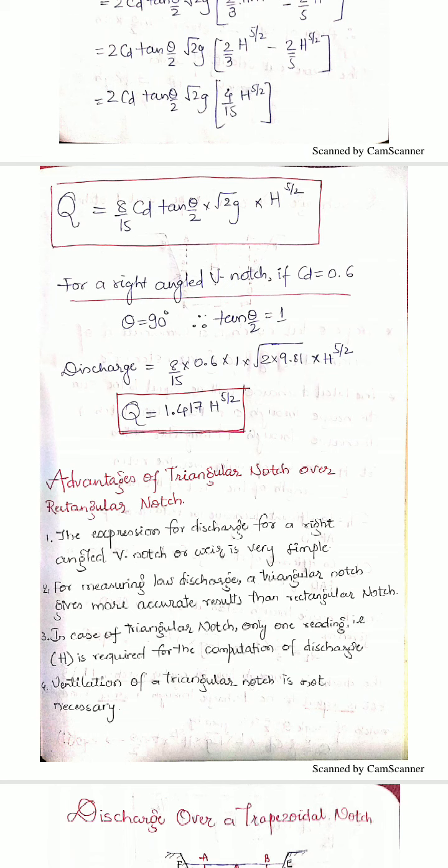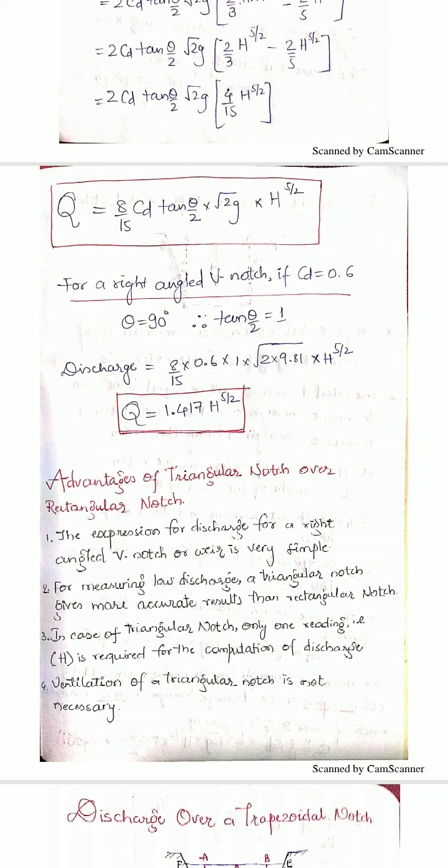Let's see the advantages of the triangular notch over the rectangular notch. The expression for discharge for a right angle V notch or weir is very simple, as you can see here. For measuring low discharge, a triangular notch gives more accurate results than a rectangular notch.